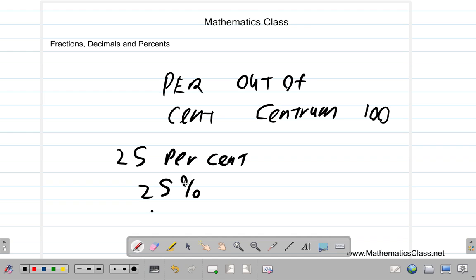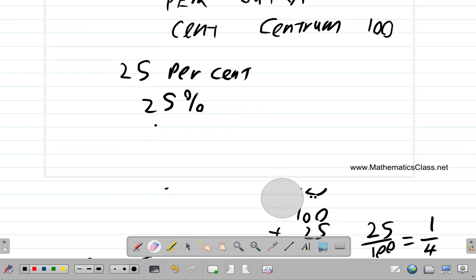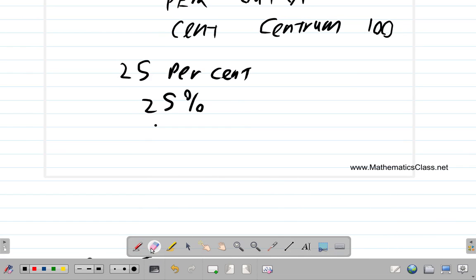So, percent. Example, 25%. If you have a number such as a quarter, and you want it in percent, what you need to do is convert it to decimal first.